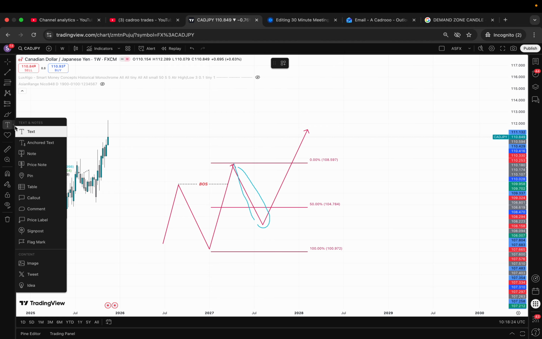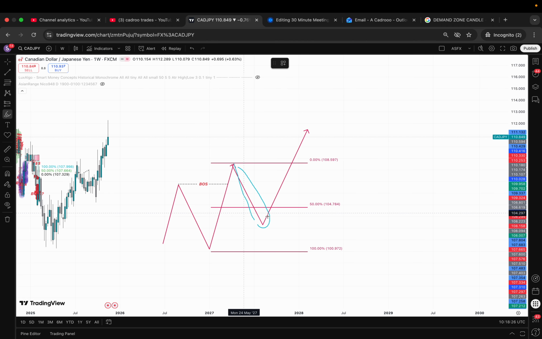This is our premium zone. And what did I say about looking for buys? You shouldn't be looking for buys here. Sorry, this is our discounted zone. Sorry guys, I don't know why I mixed it up. This is our discounted zone.